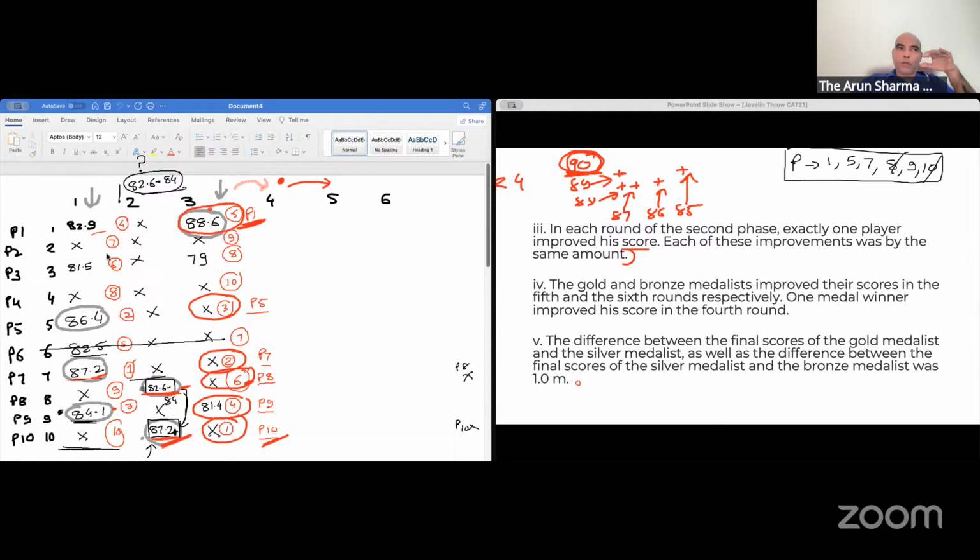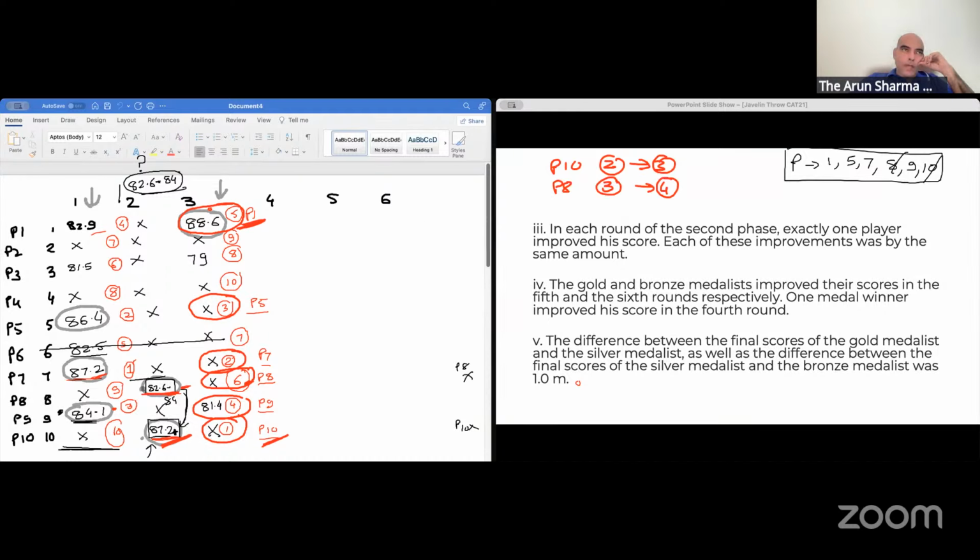And that's not possible with the third clue, which says that exactly one player improved his score in each round. So that means that the doubles are identified. The two doubles are P10 from round 2 to round 3 and P8 from round 3 to round 4.